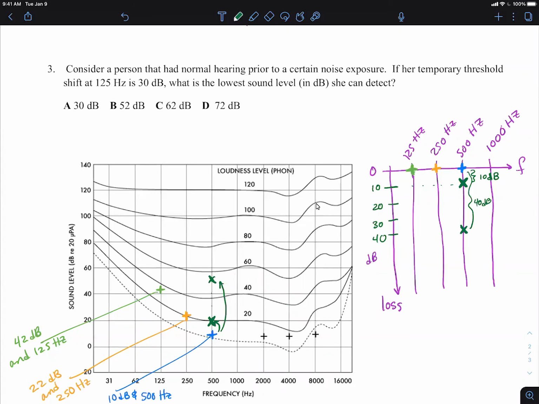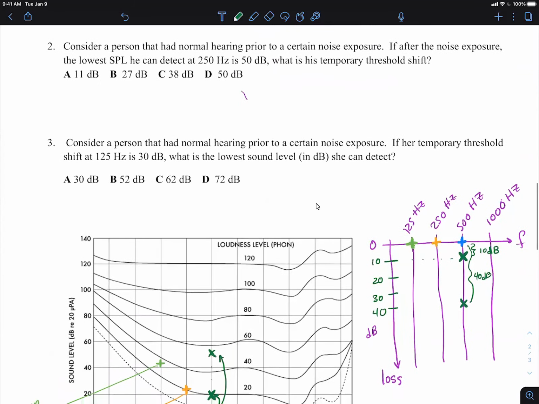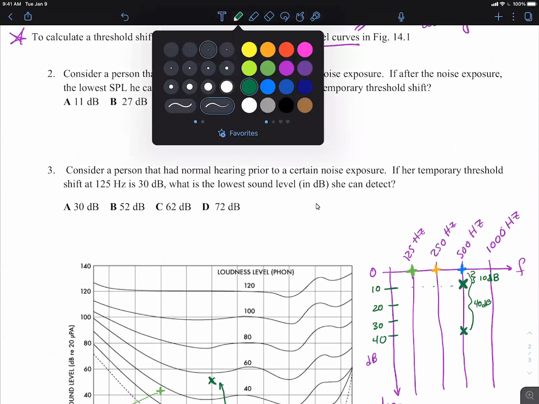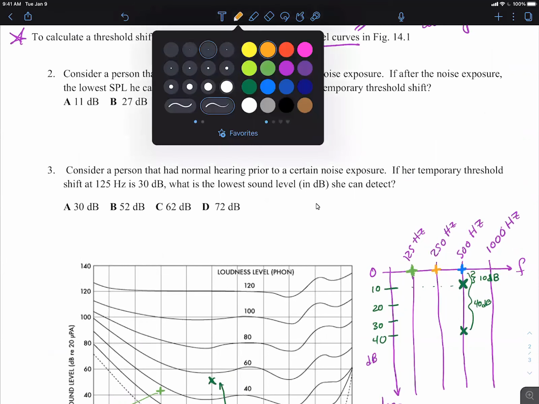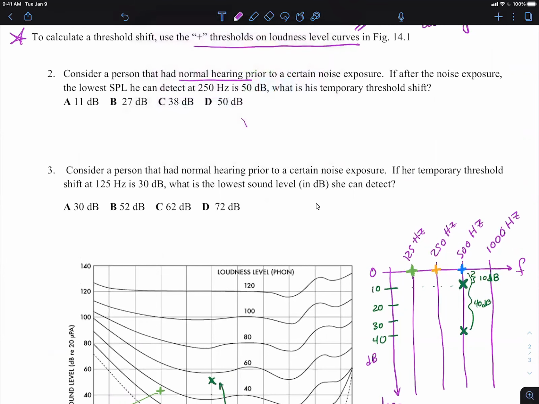Okay, so let's go ahead and do these two questions. Consider a person that had normal hearing. Okay, how do you dissect this sentence? Okay, let's do purple. Normal hearing prior to a noise exposure. So that is the 0 line on the audiogram.